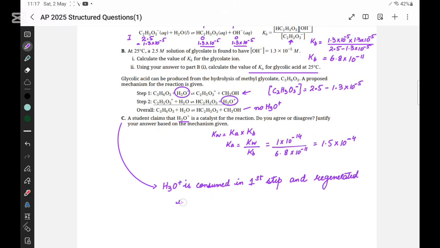Here it is regenerated and is not present in the final equation. So this is evidence that H3O positive is a catalyst.